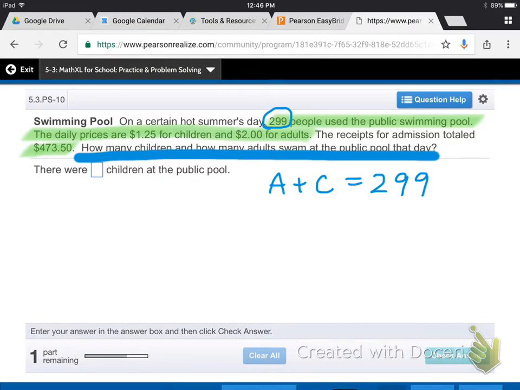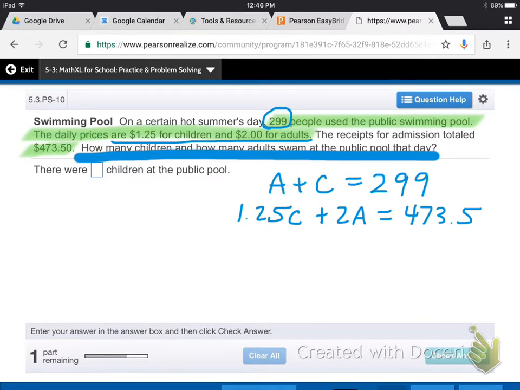Then we're going to take this information right here and write the other equation. So we're going to say $1.25 C, that's times the number of children, plus $2 per adult equals the total amount collected that day, which is $473.50.